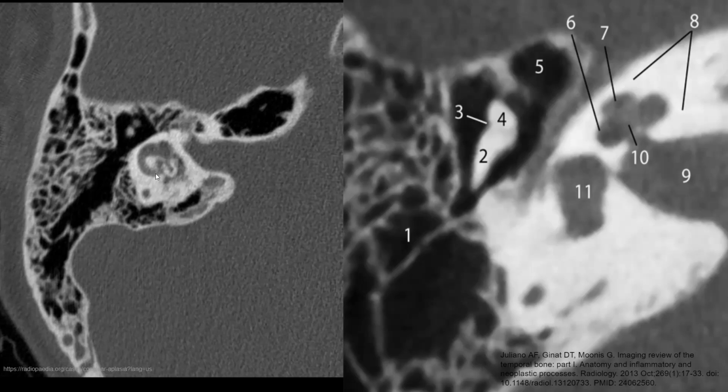Especially in the pediatric population, when I'm looking at a pediatric case, what I always keep in mind is that I really have to know the normal anatomy really, really well, because with a pediatric case, you may have malformations of the cochlea, of the vestibule, and of the semicircular canal.